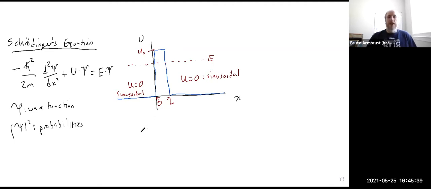This leads to a three-parter in terms of trying to get the graph of this, or trying to determine psi, and then its probabilities and all that. Before we get to the barrier, we're just cruising out here. It's business as usual.